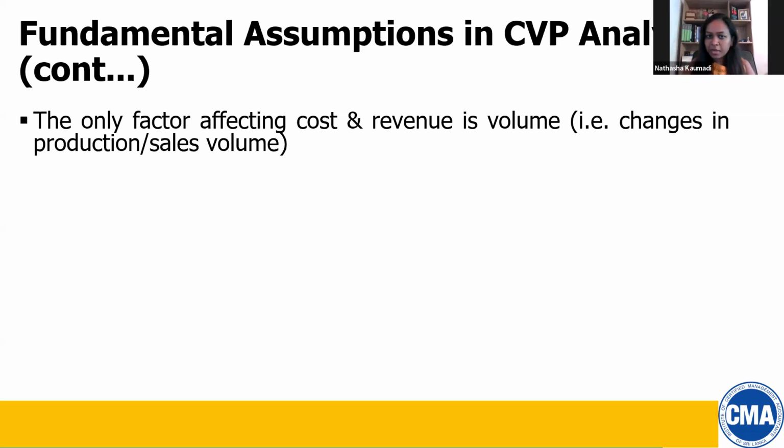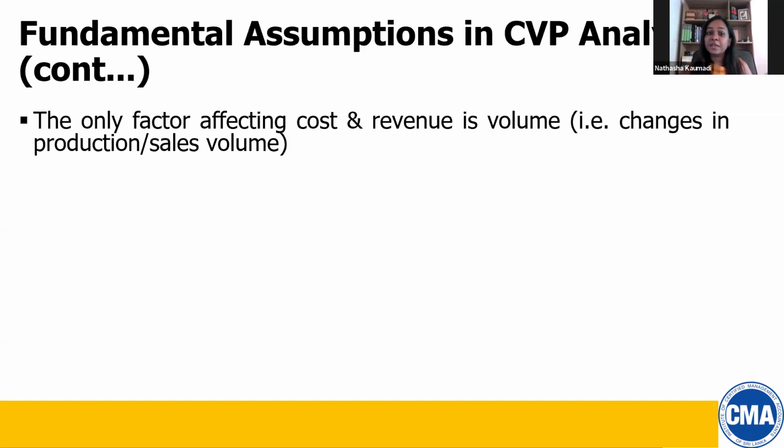In the short run, technology won't change. We discussed that aspect, right? Technology won't change in the short run. It will definitely change in the long run. So if there are no changes in efficiencies, if there are no changes in technology within the short run, the main factor affecting the cost will be the volume.